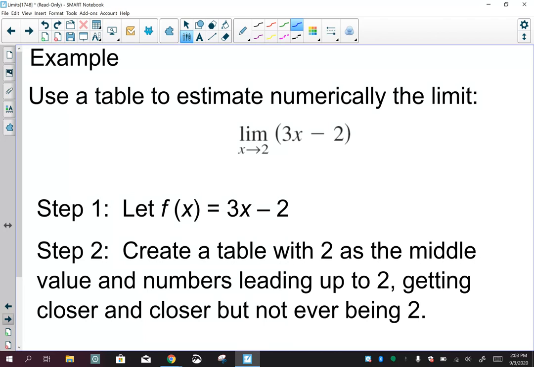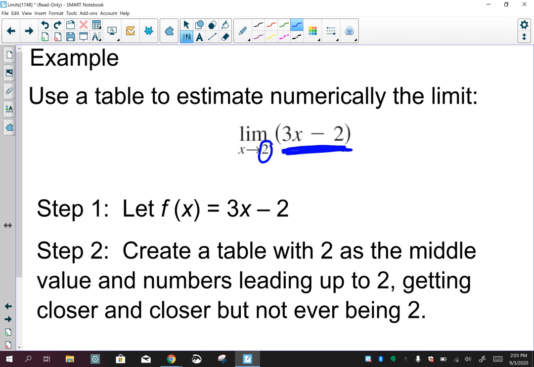So the first thing you're going to do is find out what your f of x is. We're going to let f of x be this piece right here. Okay. Once you figure out the f of x, I'm going to take this value right here and create a table, and that value is going to be my dead center value.